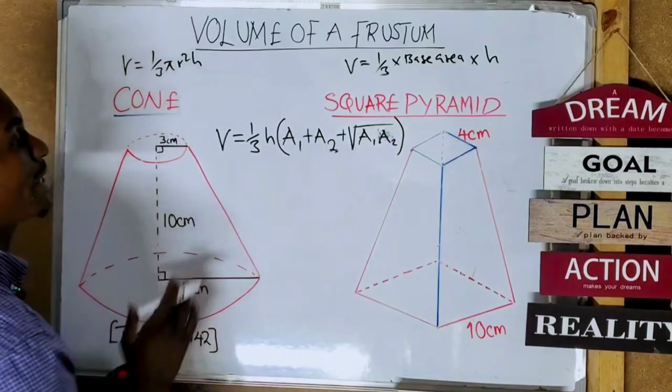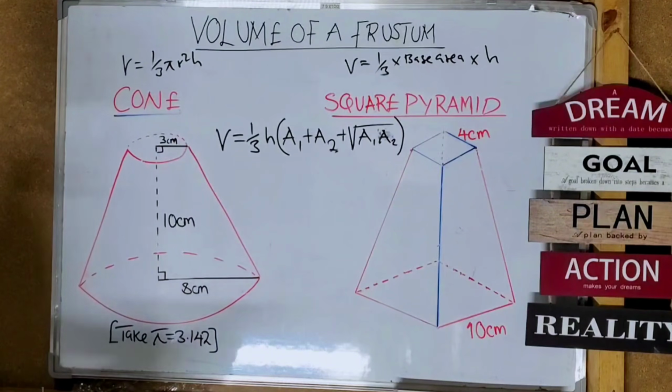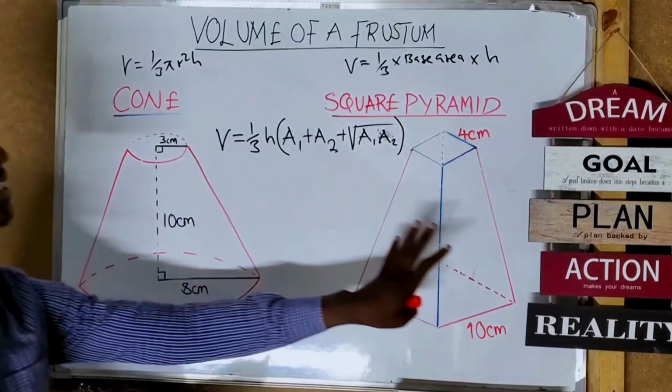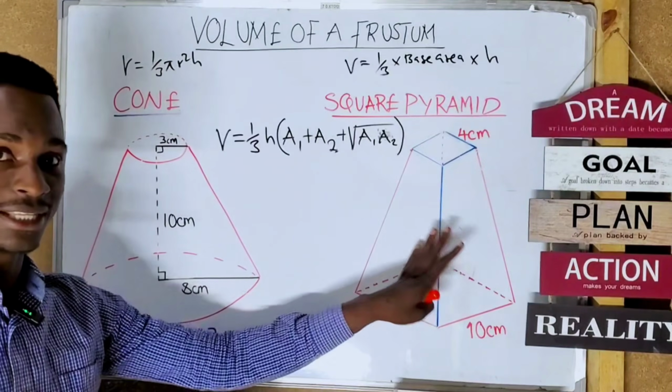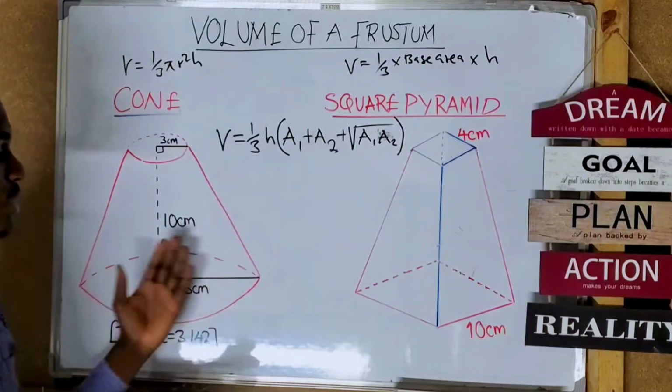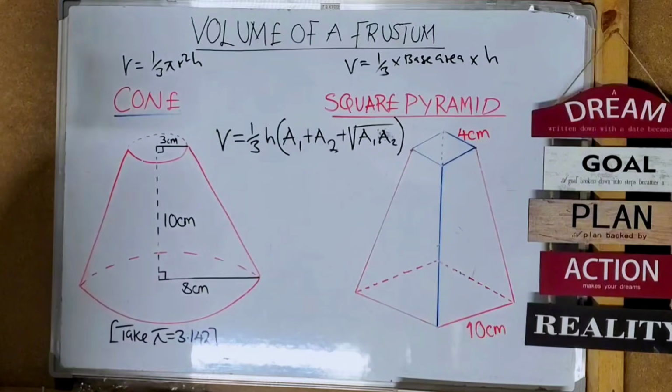So this formula can be used to calculate volumes of both the frustum of the cone and the frustum of the pyramid.